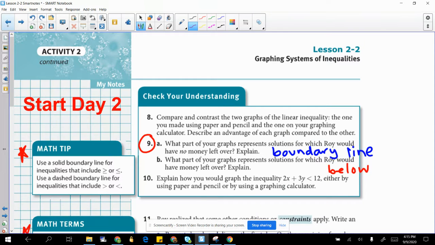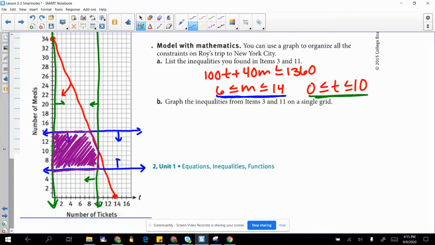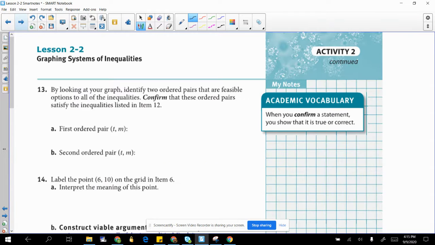So in order to be feasible, it has to fall within that overlapped shaded region, or what I have in purple, okay? So we can just pick any two random points like 4, 8, and 6, 12. Sure, both of those fall within there, so those could be our points.